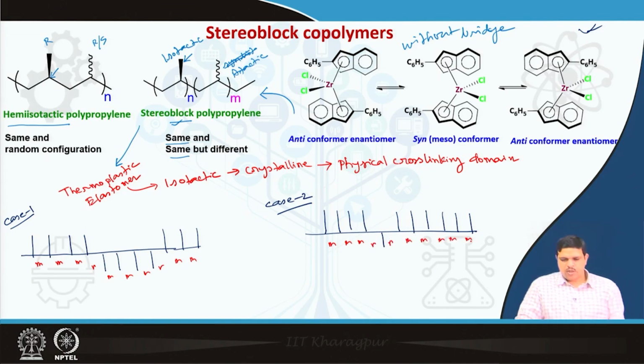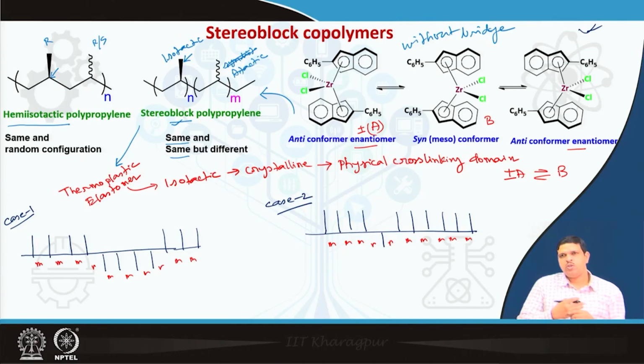Now you will see that this is the enantiomer, and this is the enantiomer. If we consider that this is the A form and this is the B form, you can say plus-minus A. So it actually contains two species: one is the equilibrium between plus-minus A, and the other is B, the meso. We discussed in the last classes that whether it is the plus enantiomer or the minus enantiomer, eventually it will give isotactic polymers.